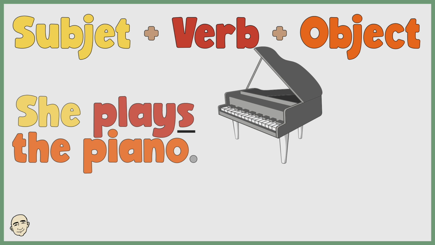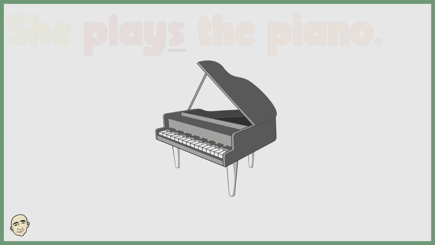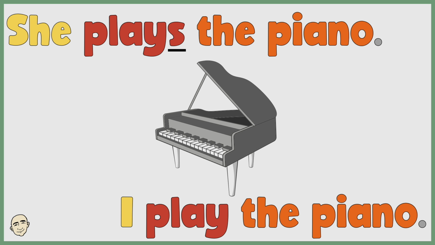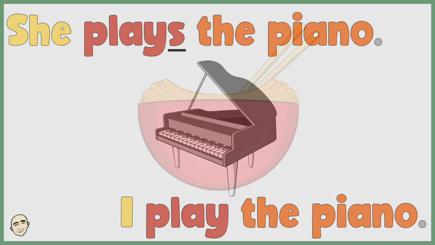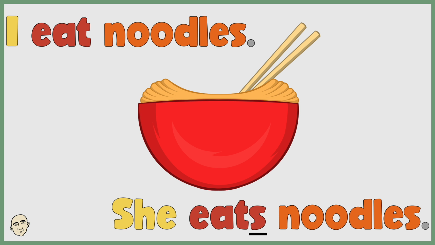Subject verb object. She plays the piano. I play the piano. She plays the piano. I play the piano. I eat noodles. She eats noodles.